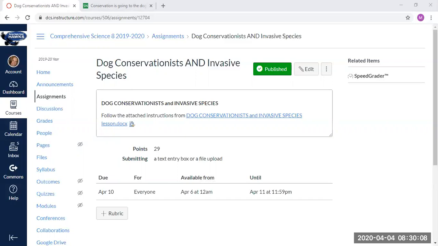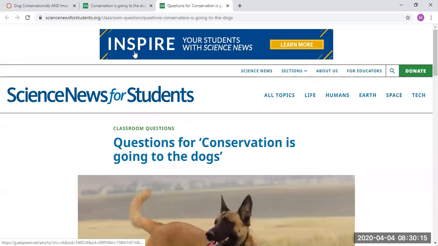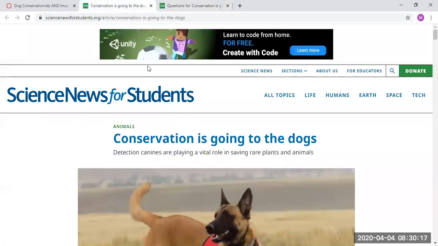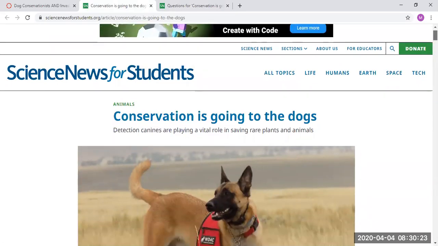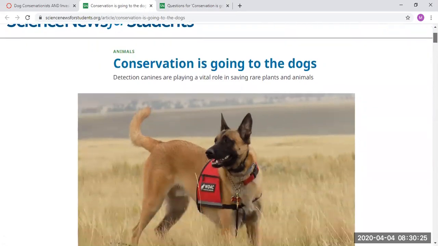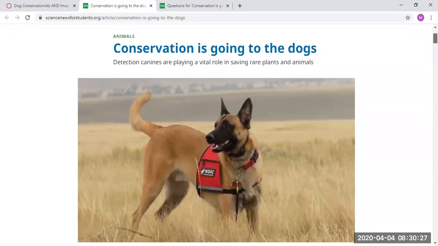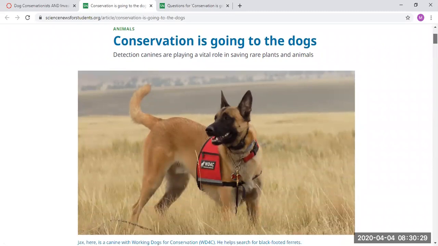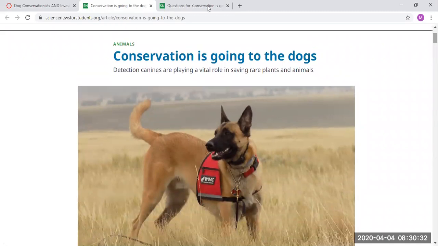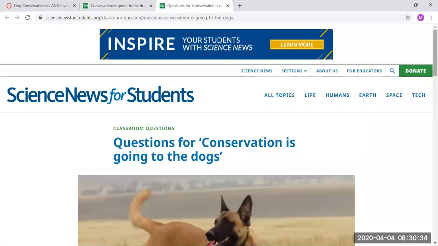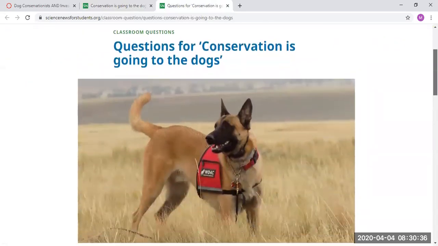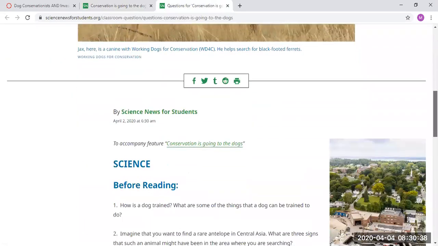I'm going to start reading, and I would suggest that you read along as I'm reading to you, and then I may continue reading through the entire article, or if not, you'll need to finish the article on your own.